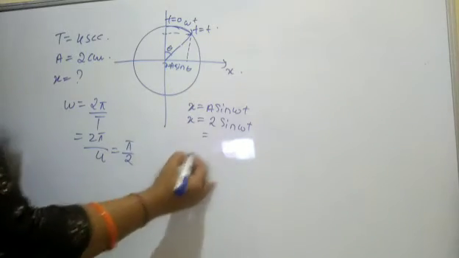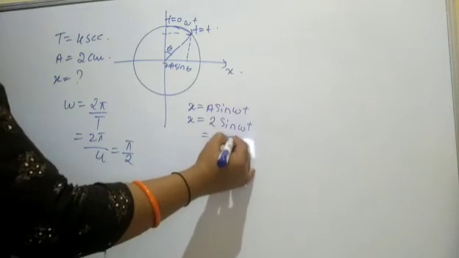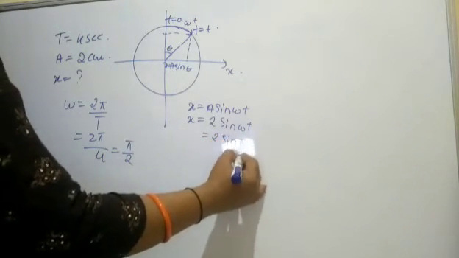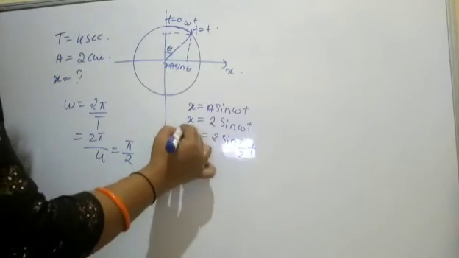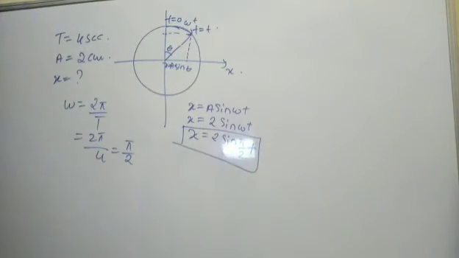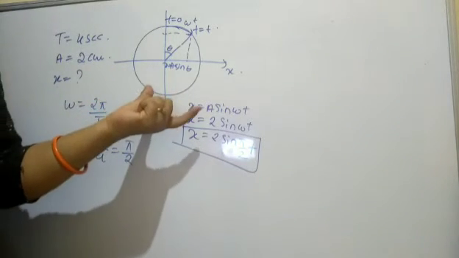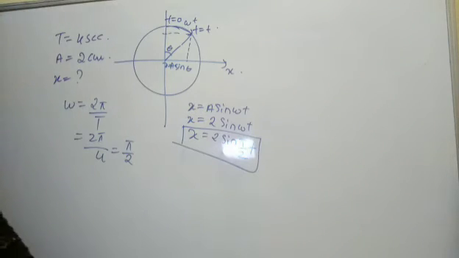So x is 2 sin pi by 2 t. So this is the equation of a particle executing simple harmonic motion, found by solving with the phasor diagram here. So let us go ahead with one more part.